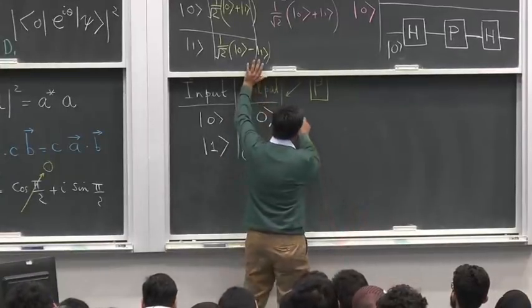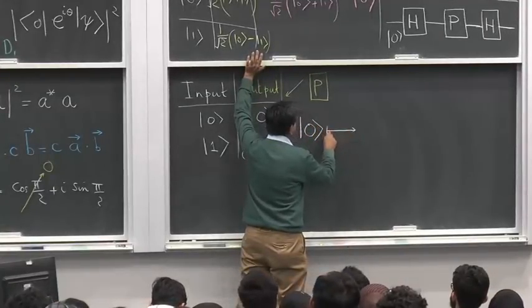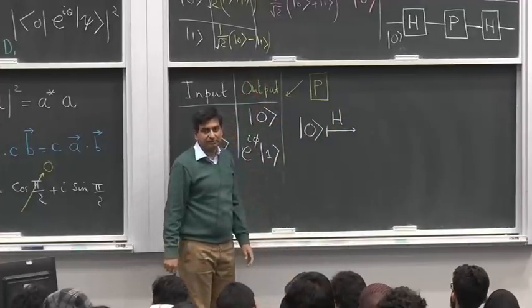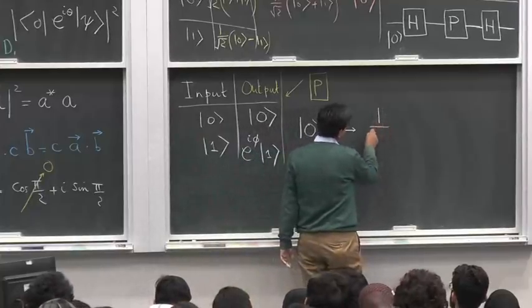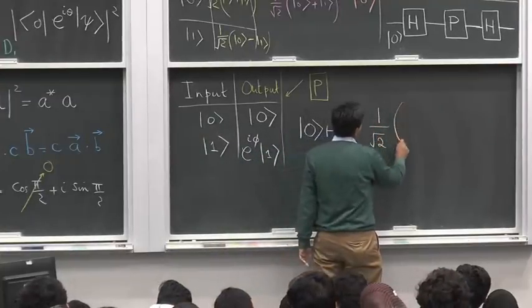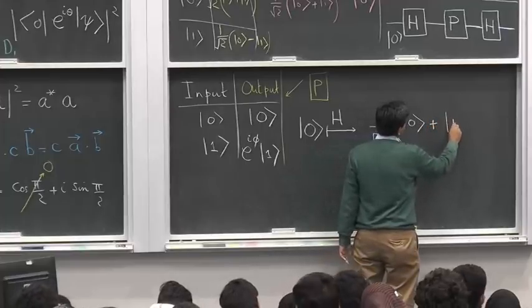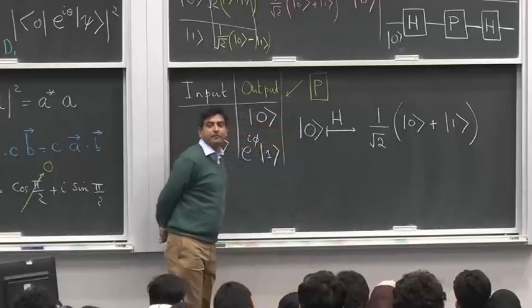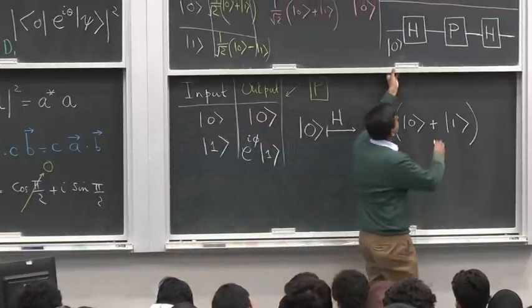So I start with ket 0. Now I first see the first Hadamard gate. What do I get? I get the superposition. So this is the quantum state that I have over here.